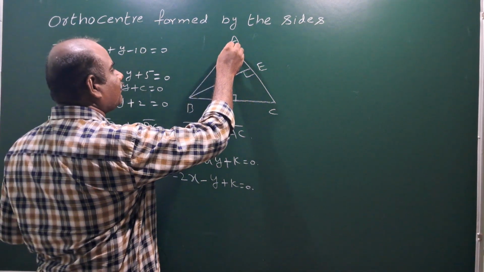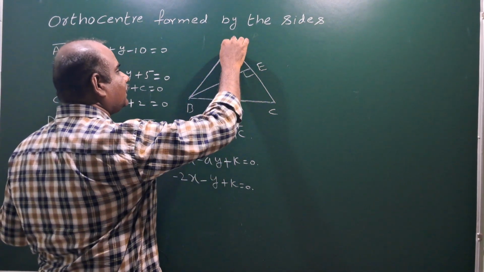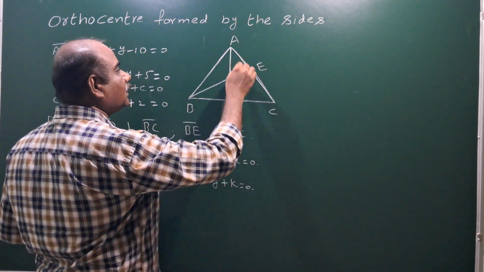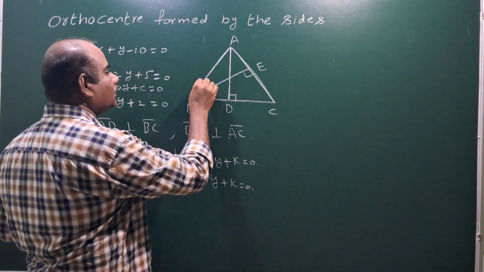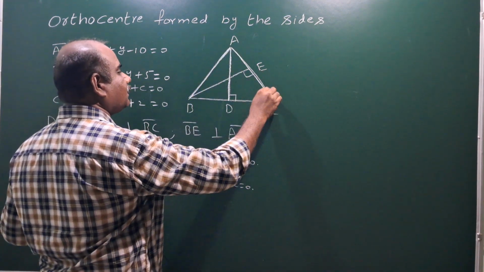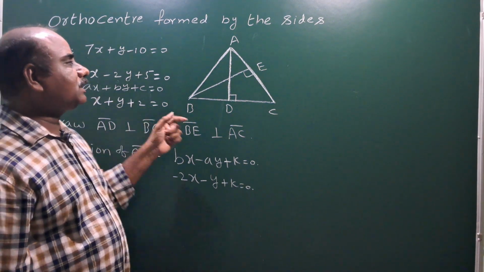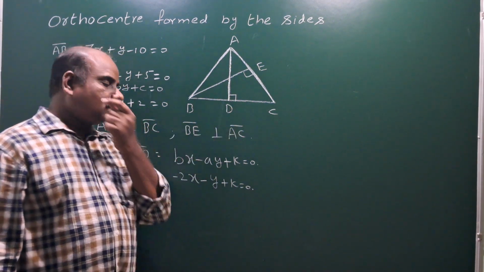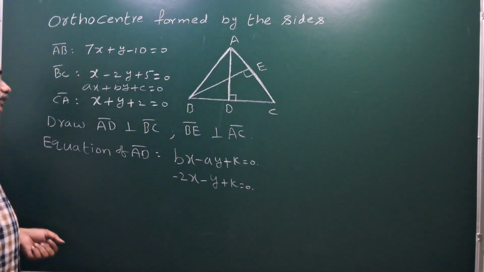The side AB, the perpendicular AD and the side AC are all intersecting at this point. That means these three straight lines are concurrent. So by using the concept of concurrence, we can find the equation of AD.